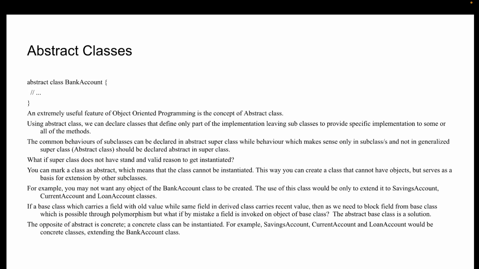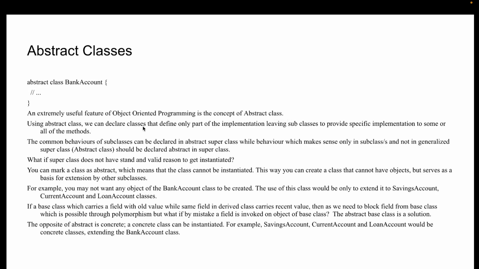But when you mark that class as abstract, then this class may or may not contain some abstract methods. It can have some abstract methods, and it can have some concrete methods as well. An extremely useful feature of object oriented programming is the concept of abstract class.